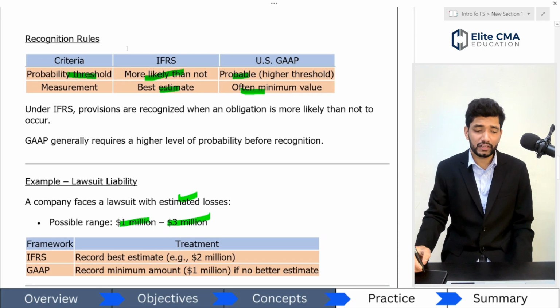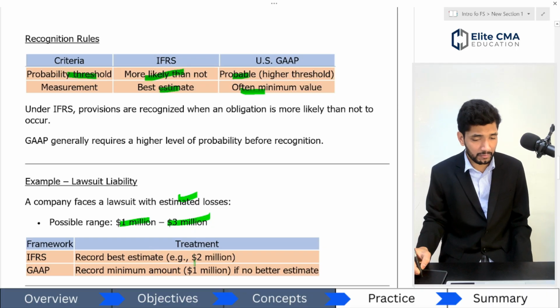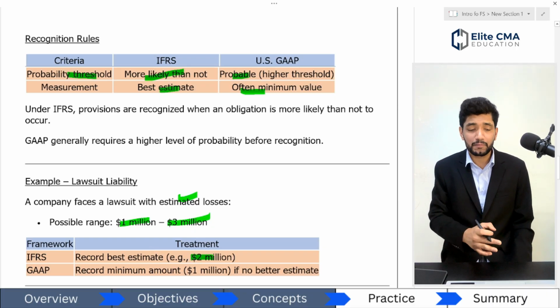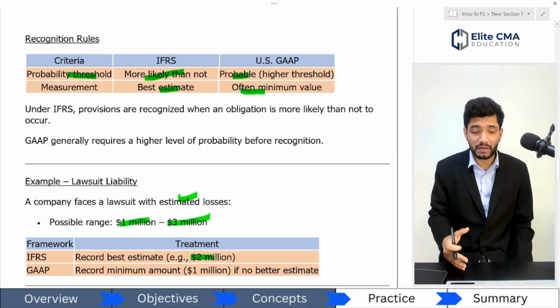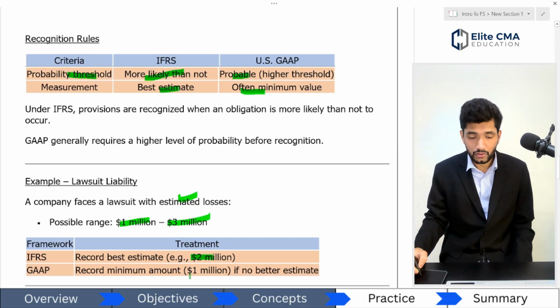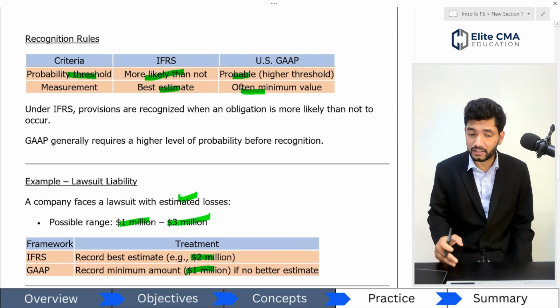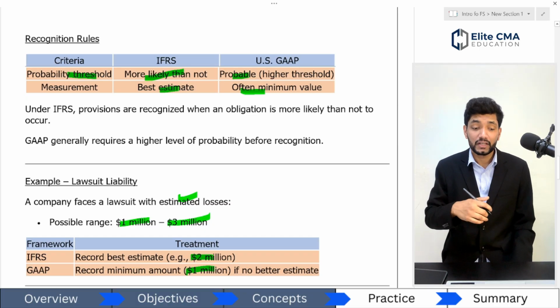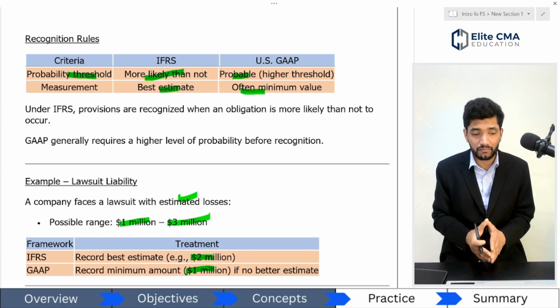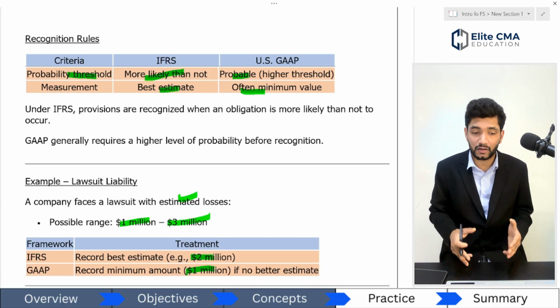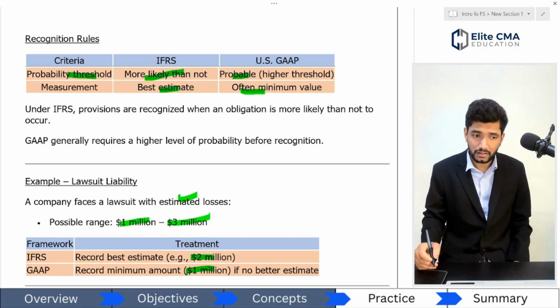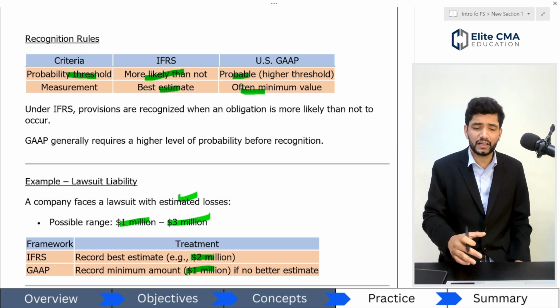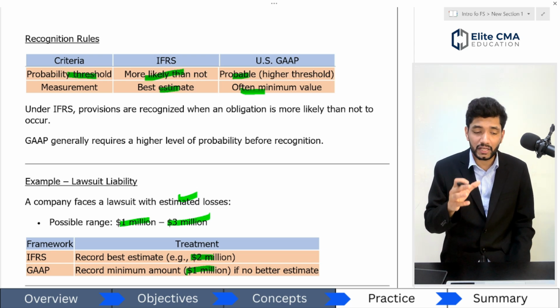In IFRS, it will record the best estimate, for example 2 million. But in US GAAP, it records the minimum amount if there is no better estimate. It will recognize the minimum expected amount only in US GAAP.